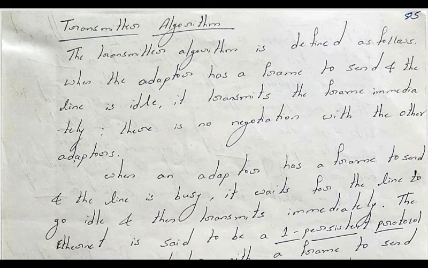If more than one node transfers frames when the line goes idle, a collision will immediately occur. That is why it is called a one persistent protocol: the adapter with a frame to send transmits with probability 1 when a busy line goes idle.